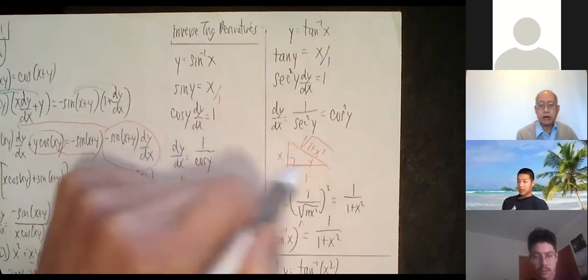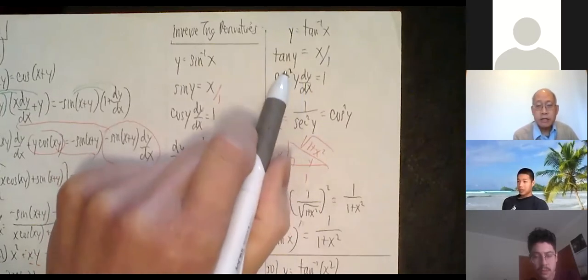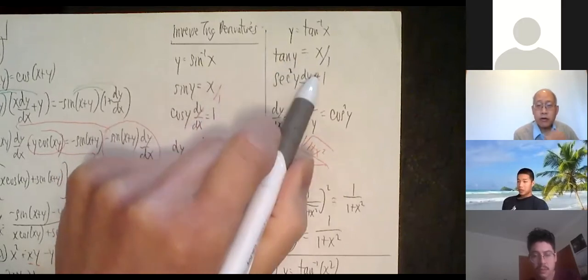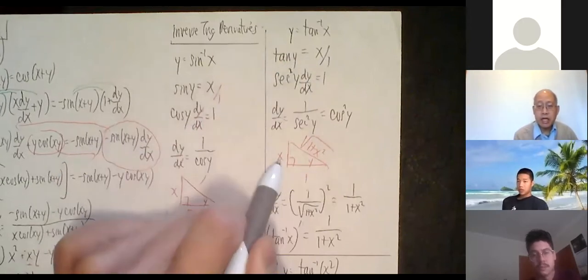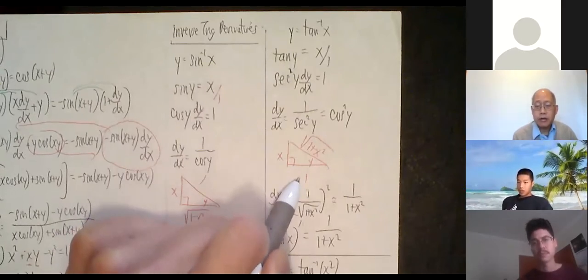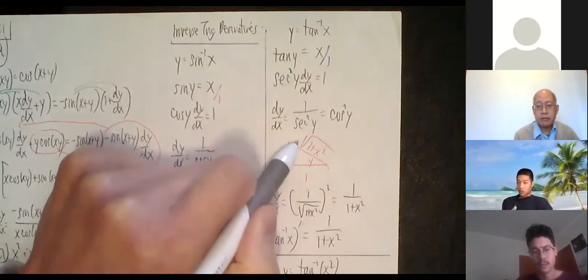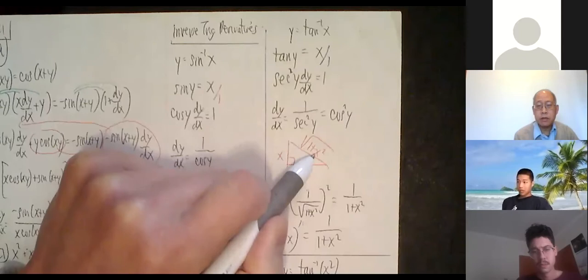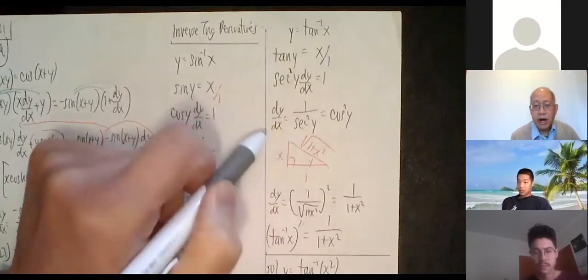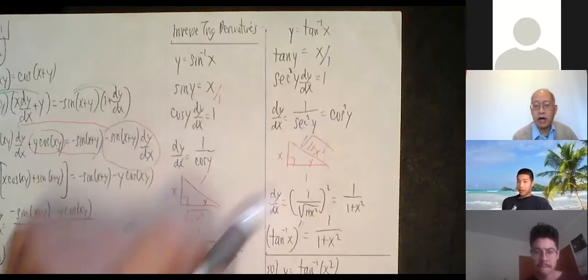All right, then I draw my triangle again. y is the angle, tangent of y. Tangent is opposite over adjacent, so for the opposite side I put x, adjacent side I put 1. Do your Pythagorean theorem, a squared plus b squared equals c squared. You can get the hypotenuse to be radical 1 plus x squared. So dy/dx is cosine squared of y.